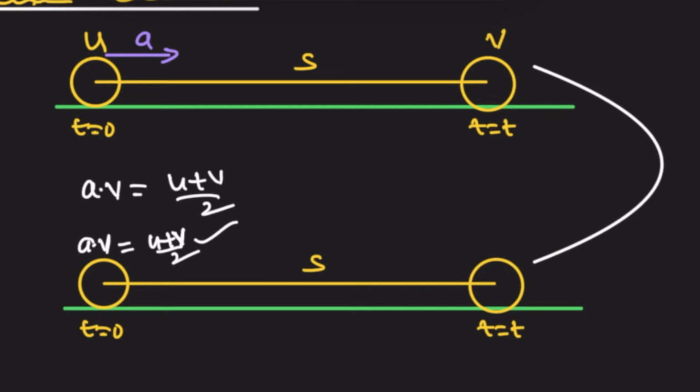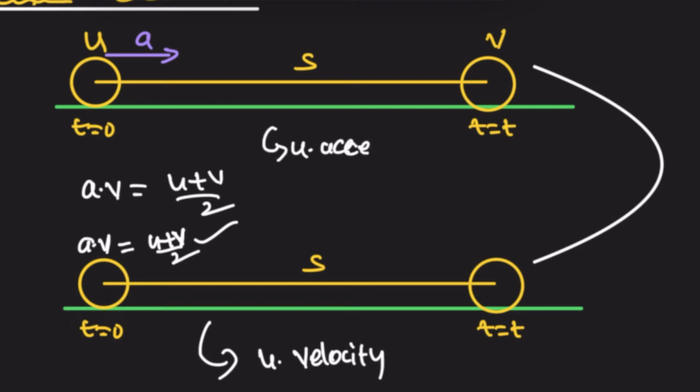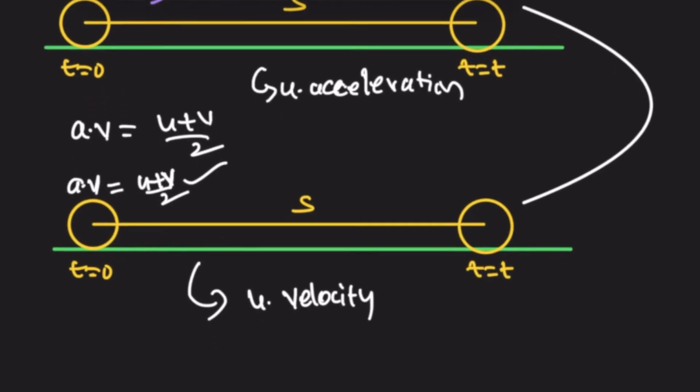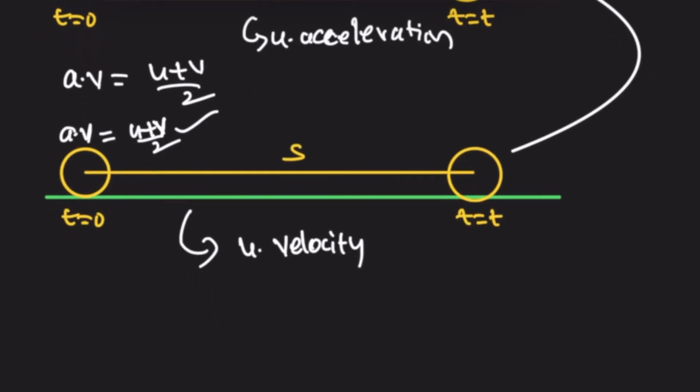In the second case, the body is moving with uniform velocity. In the first case, the body is moving with uniform acceleration. So in both cases, displacement is the same. So in the first case, displacement is equal to the displacement in the second case.